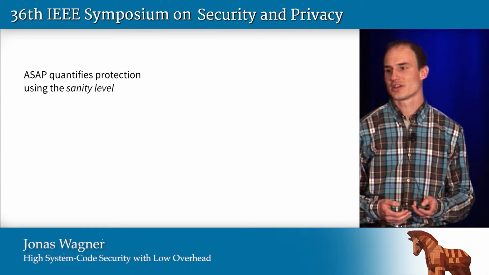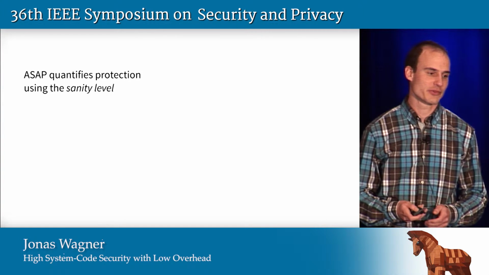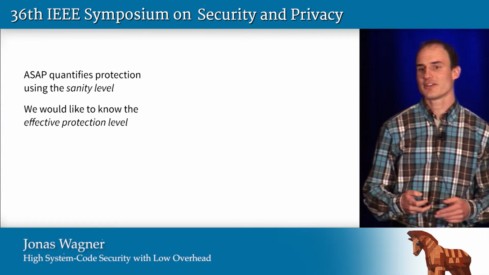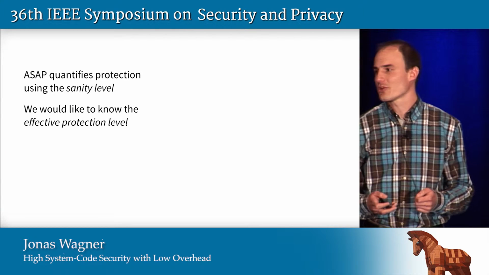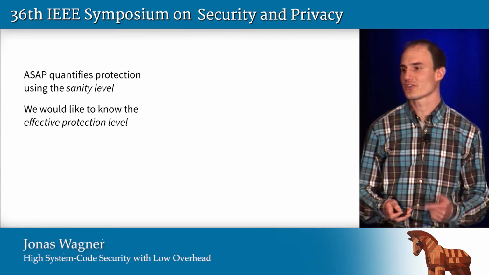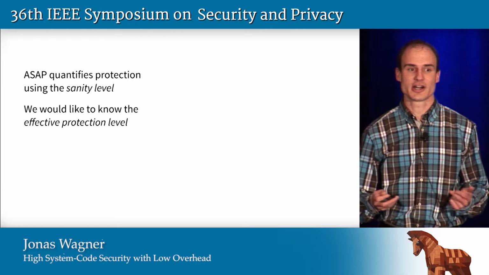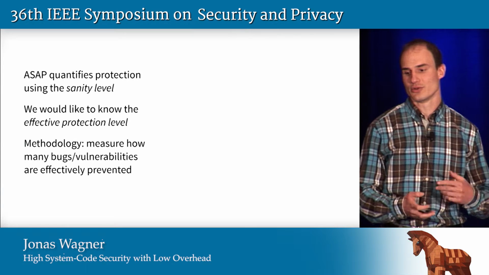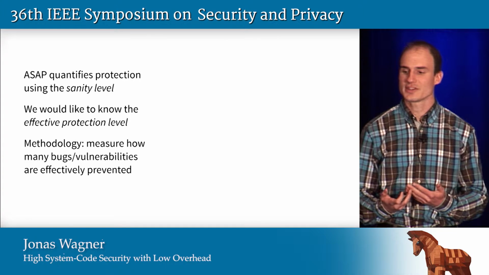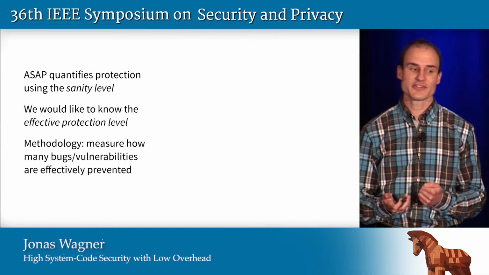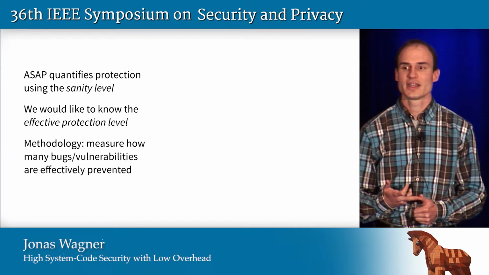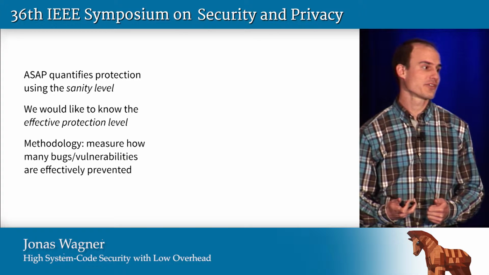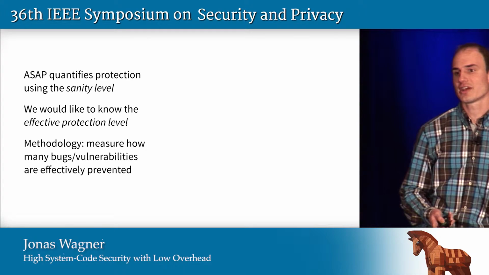However, what we would rather like to know from a management perspective is the effective protection level in terms of bugs or vulnerabilities or security incidents that we are now protected against. Our methodology to relate these two quantities is to look at existing known bugs and vulnerabilities and measure how many of them are effectively prevented at a given sanity level.